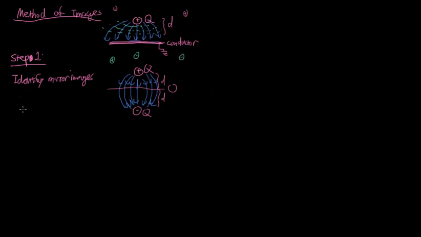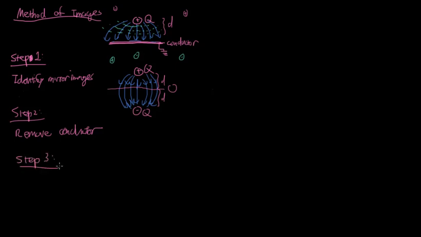Once you have the mirror images, the next thing you can do is remove the conductor, so that all you're left with is a bunch of point charges in free space, which we know how to deal with.